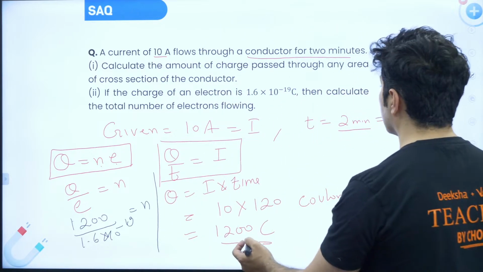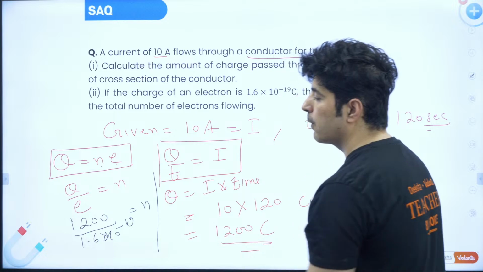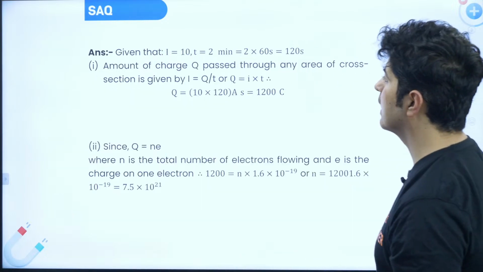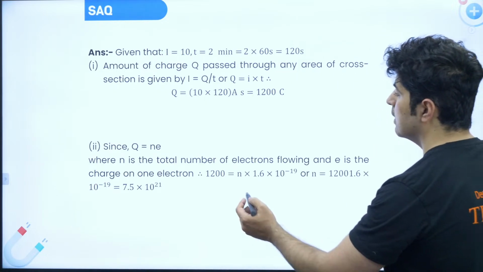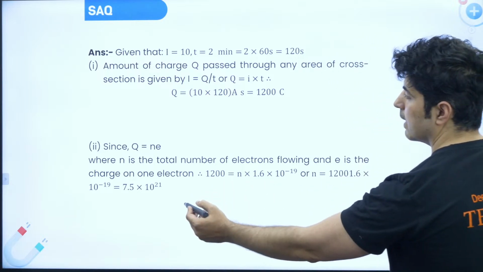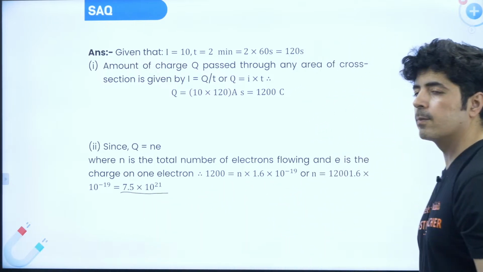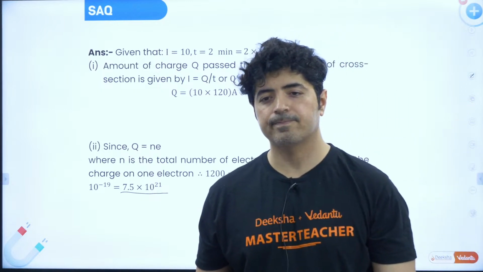We just have to divide 1200 by 1.6 into 10 to the power minus 19 and you will get the answer. If you divide that, the answer will be 7.5 into 10 to the power 21.